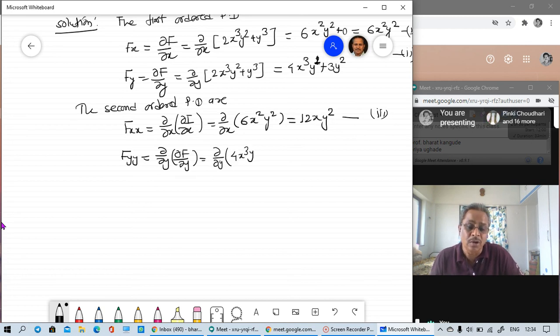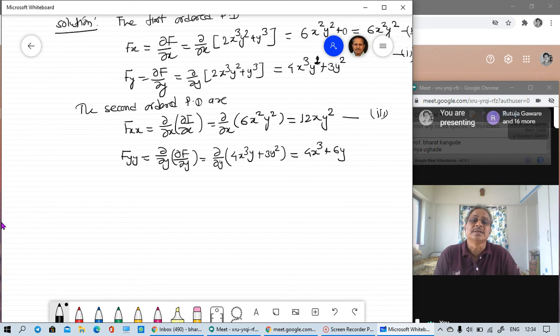We would have gone wrong here if we had taken y square earlier, so now this will give the correct answer. Plus this is 3y square. So differentiating this, the differential of y will be simply 1, so 4x cube will remain as it is, plus now this y square will get differentiated, so this will be 6y.